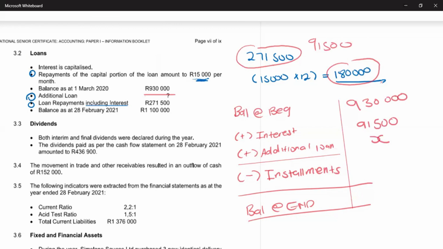I'm going to put X, minus my total installments, which are 271,500. But remember, the installments that you're going to put on your cash flow, you always need to make sure that they exclude interest. And this would be equal to my balance at the end, which is 1,100,000.